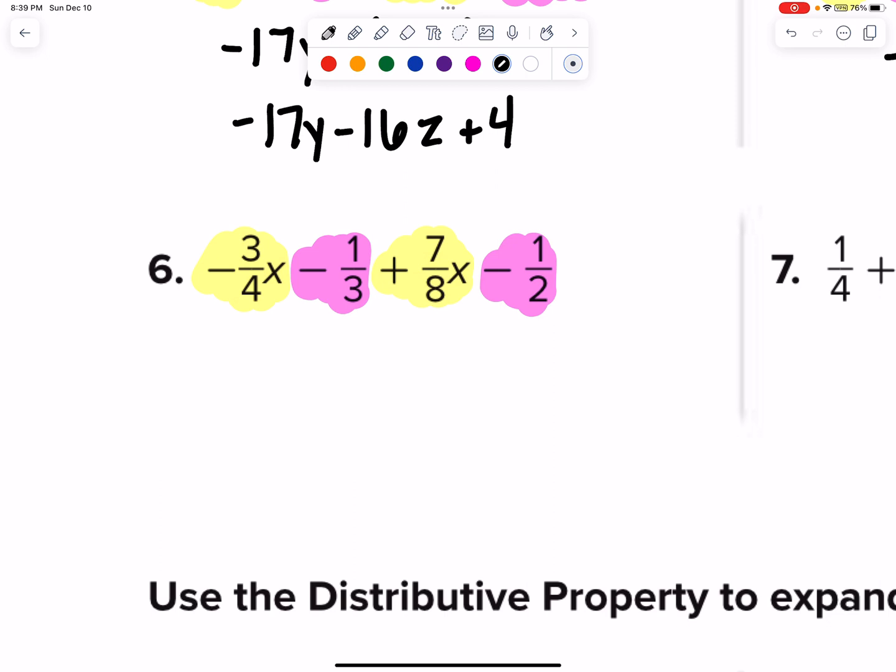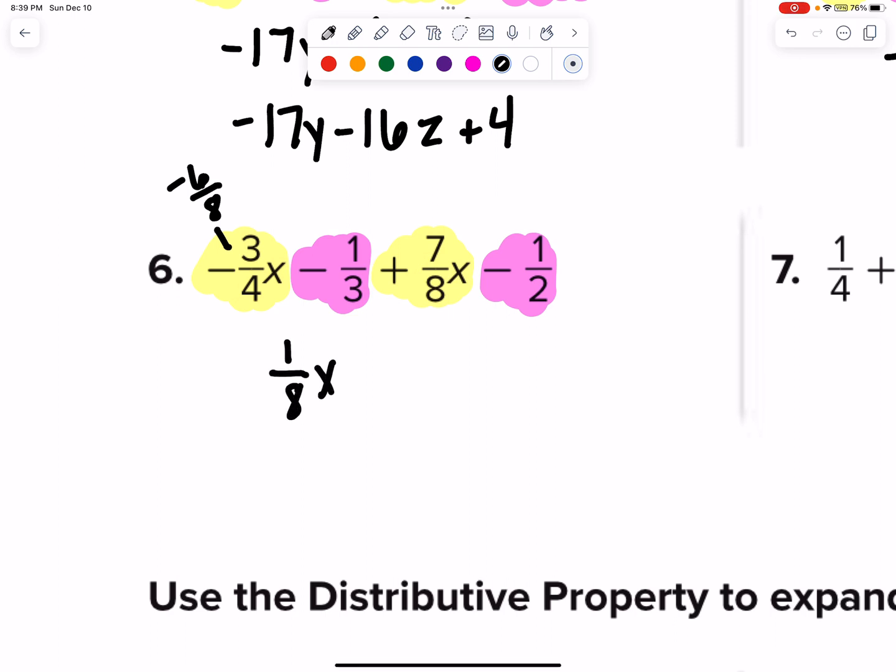So we have negative 3/4 plus a 7/8. I'm just going to make a note that if I multiply by 2 over 2, this is 6/8. Make sure you write it as negative. You don't want to lose that sign. So we have a negative 6/8 and a 7/8. Different signs subtract, so I end up with a 1/8 X here.